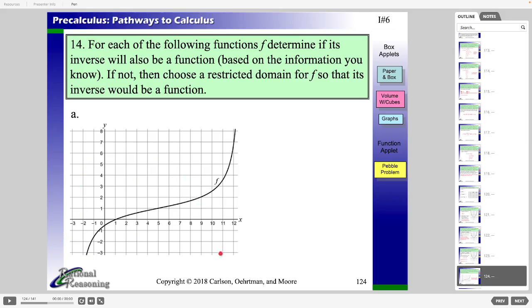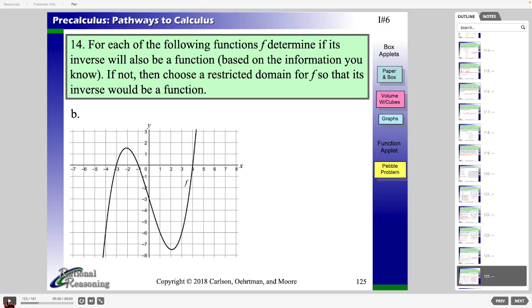Again, we look at this. Would it have an inverse? Well, yeah, it's 1 to 1. And what we use is called the horizontal line test, because each horizontal line only intersects it in one place. So it's 1 to 1.